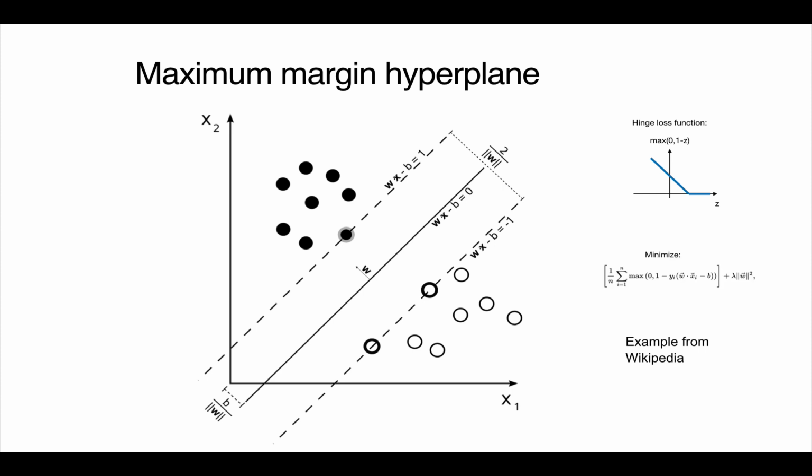In total, optimizing a support vector machine is surprisingly simple in its mathematical formulation. It's just to minimize the function here to the right. That is the sum of the hinge losses of your examples.